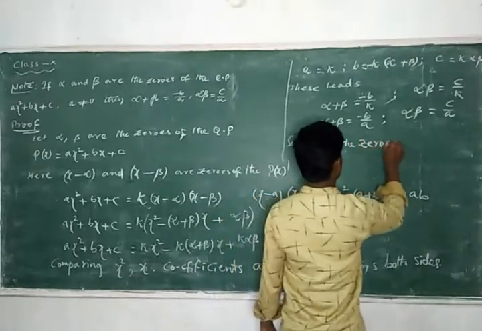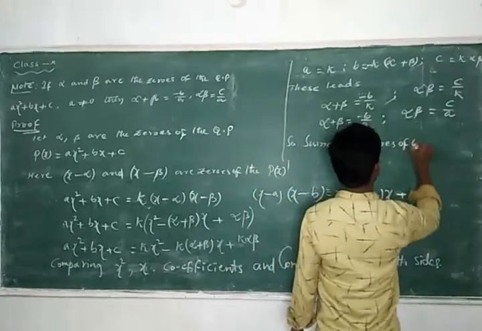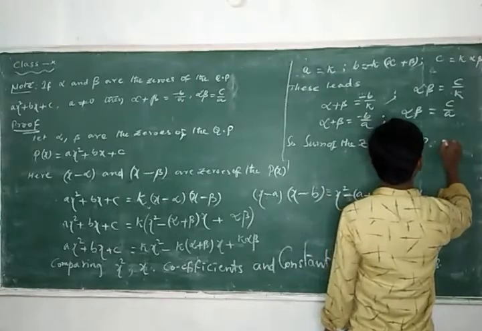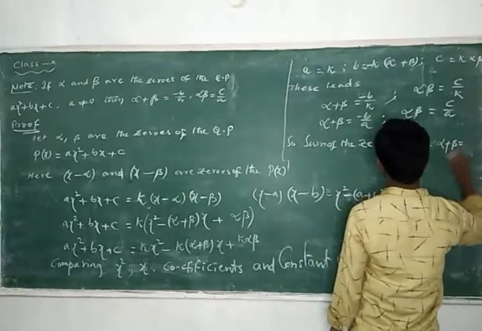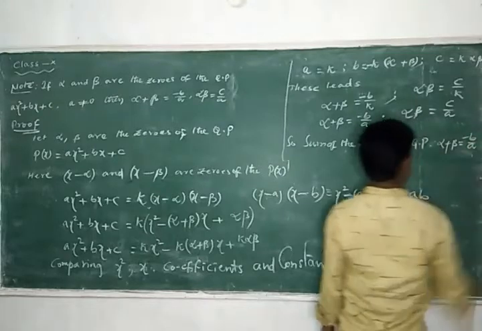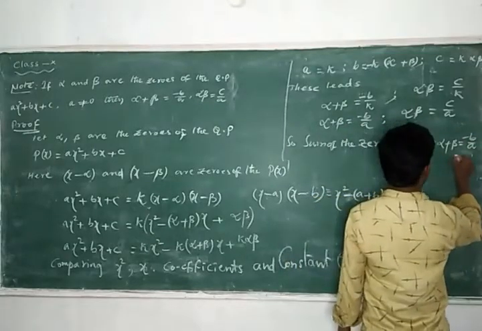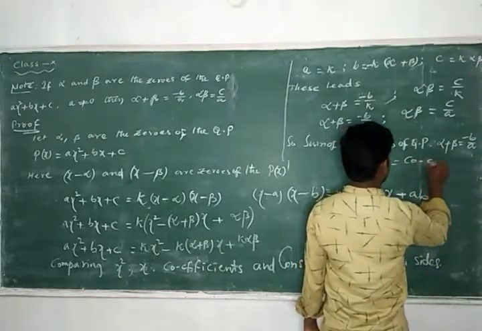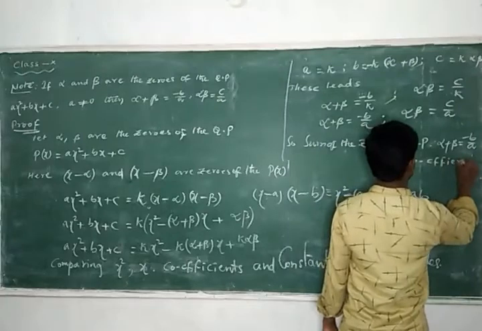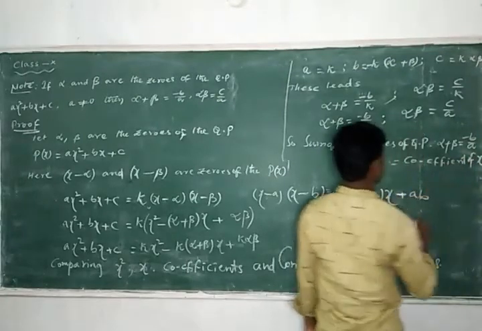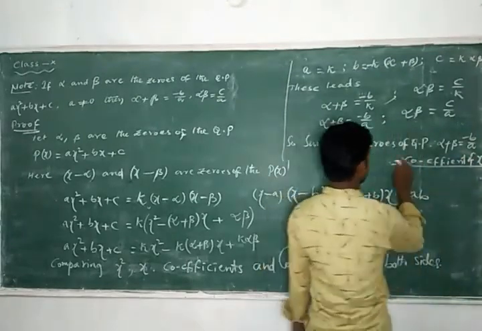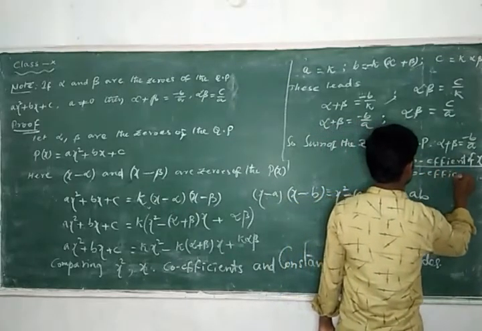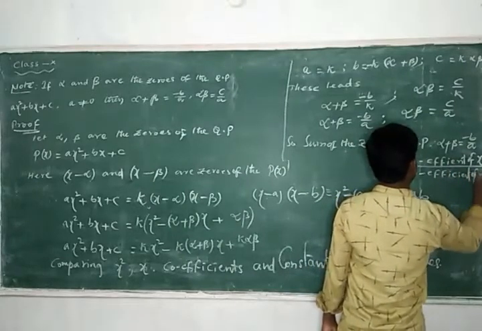Now we can write the sum of the zeros of a quadratic polynomial is equal to alpha plus beta is equal to minus b by a. So minus b by a means minus coefficient of x by coefficient of x square.